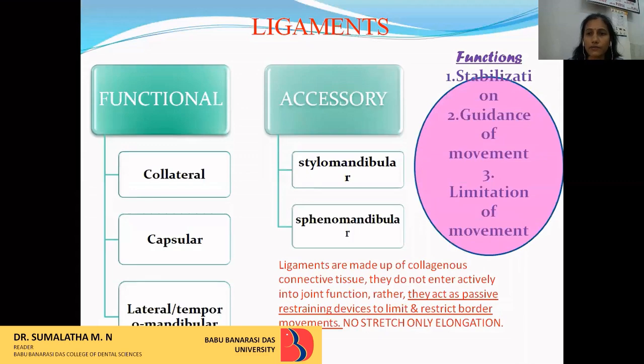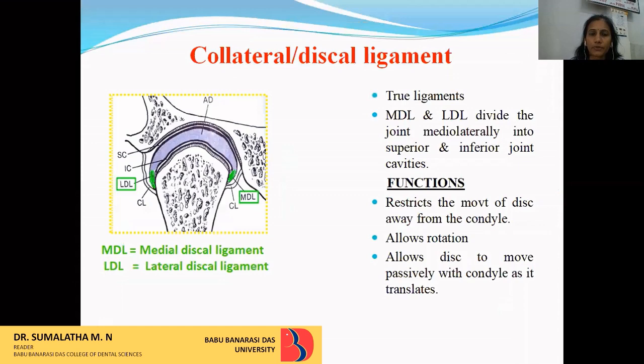Coming to the functions of the ligaments, the main functions of the ligaments are stabilization of the TMJ, guidance of movement and limitation of excessive movement. So these are the functions of the ligaments. Coming to the first ligament, that is the collateral or discal ligament. It is a true ligament.